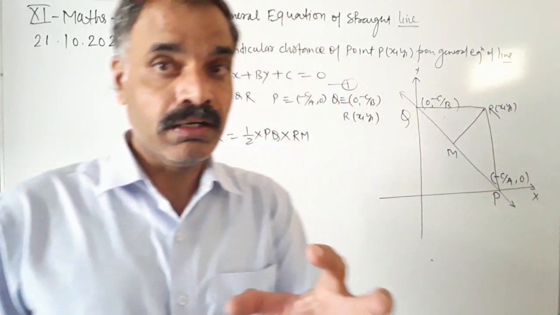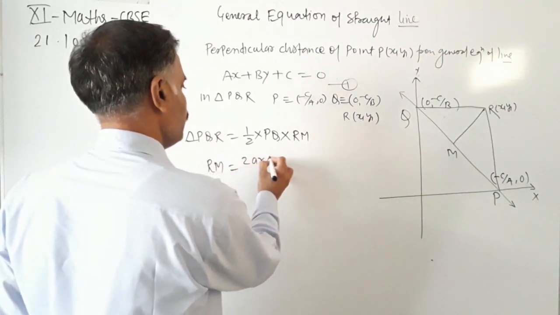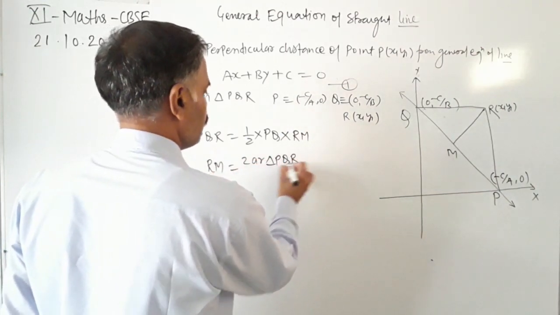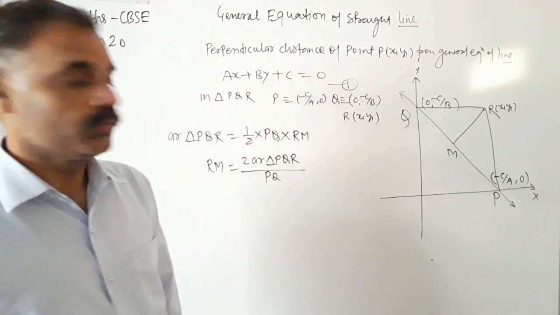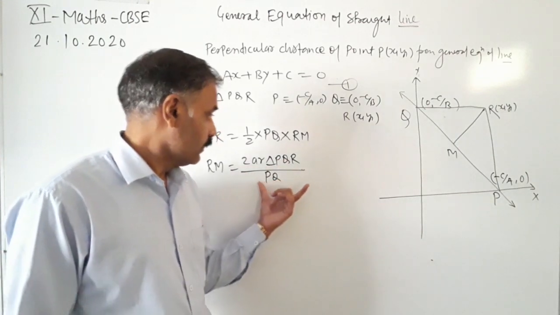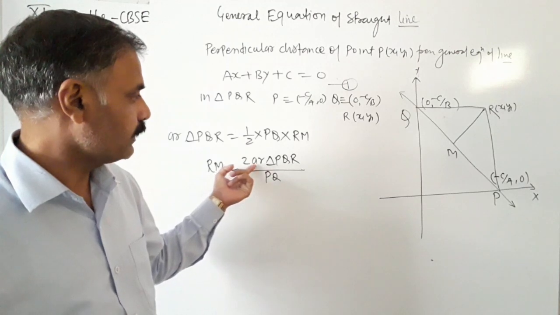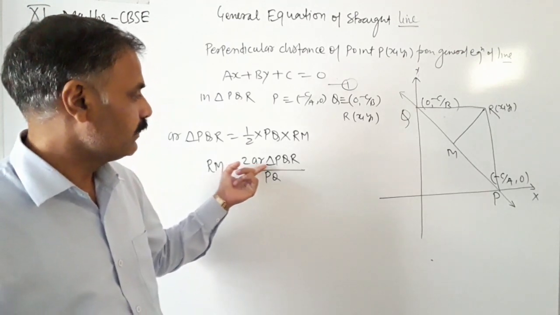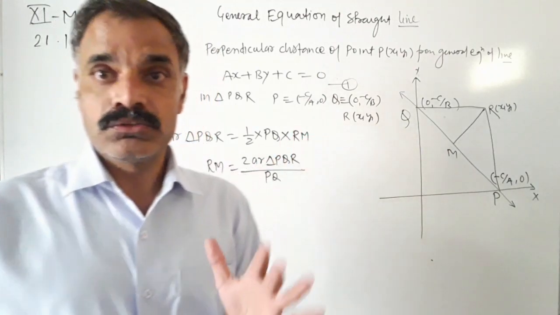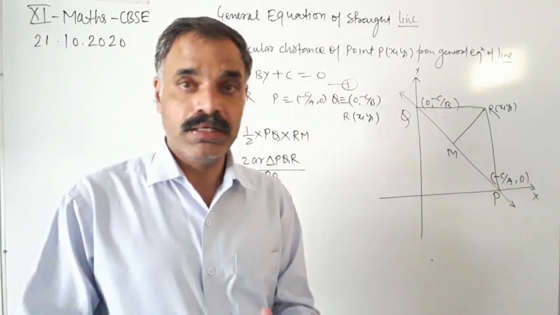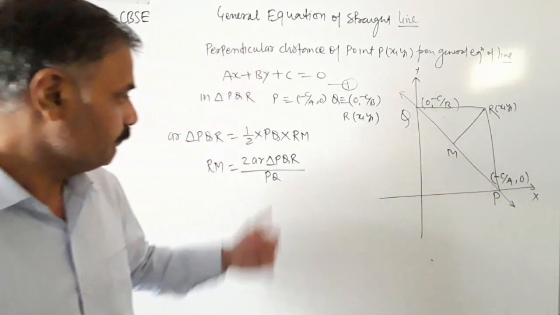So RM equals 2 into area of triangle PQR divided by PQ. So first we have to find the area PQR and the distance PQ.